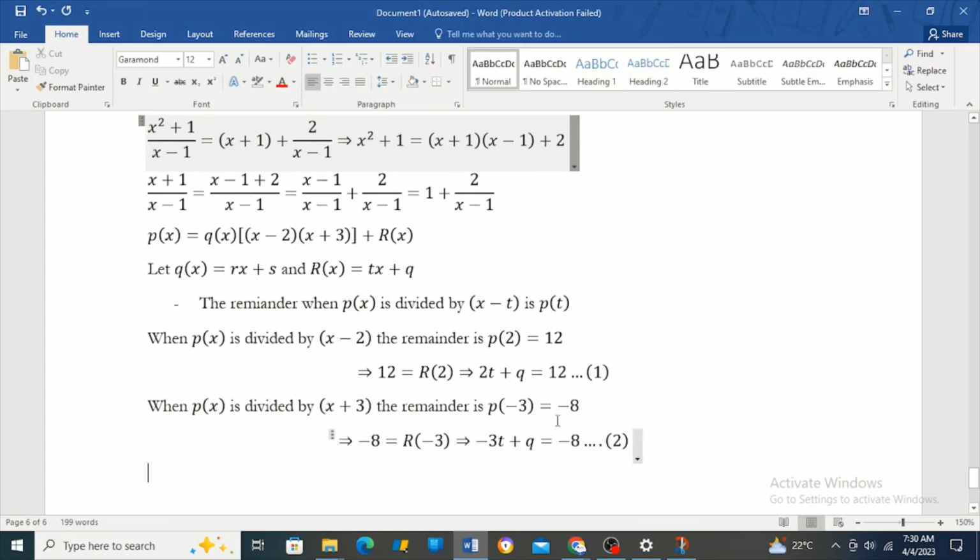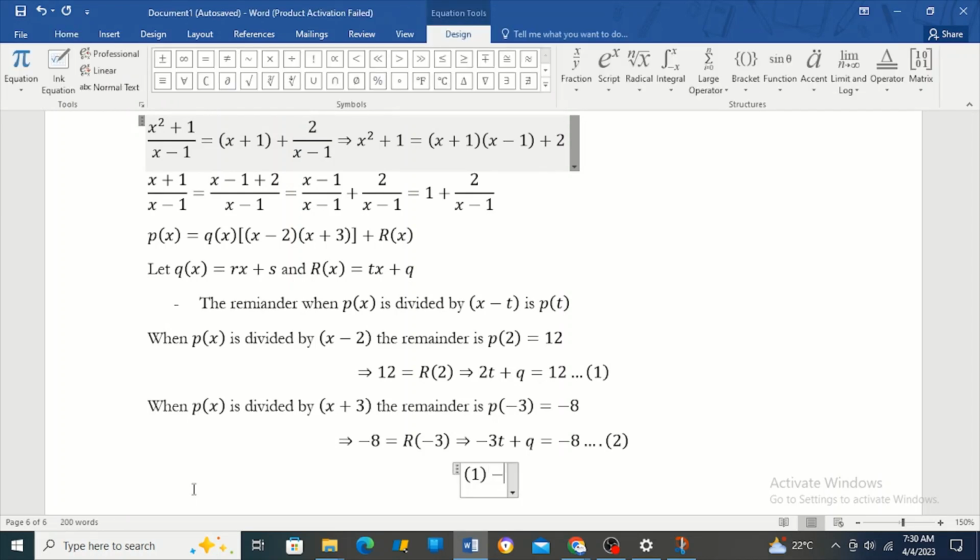We need to solve these two equations simultaneously because the first question is asking us to get the remainder. Okay, so if you take equation 1 minus equation 2, what are you going to get? 2t minus negative 3t will give you 5t, and then q minus q is 0, and you'll be equal to 12 minus negative 8, which is 20.